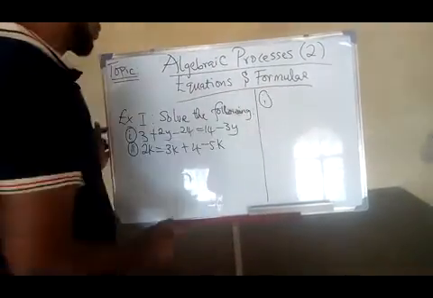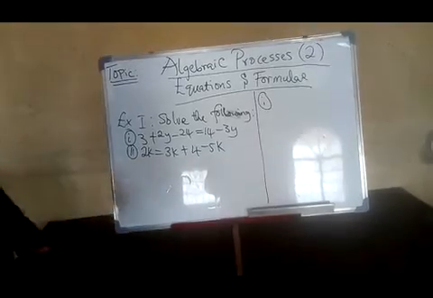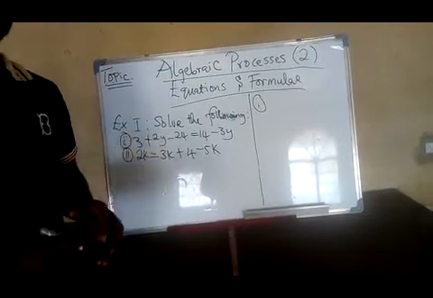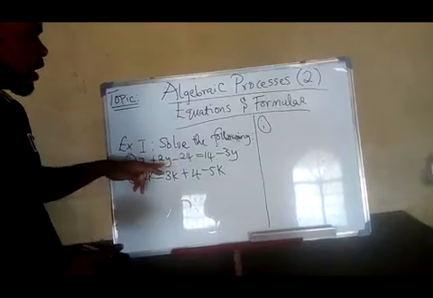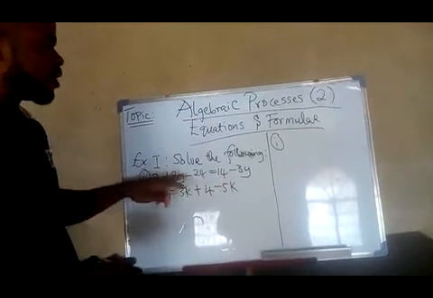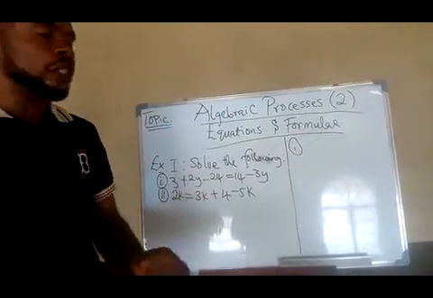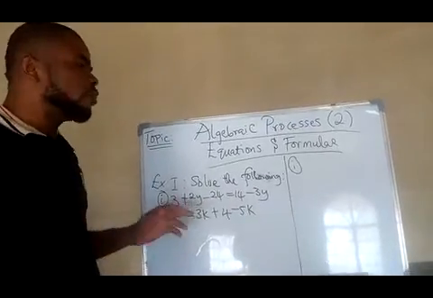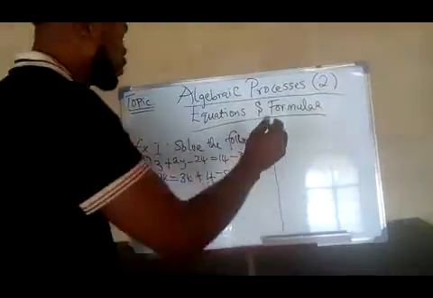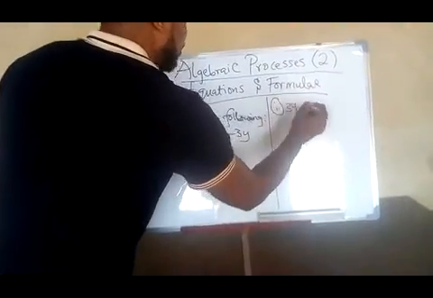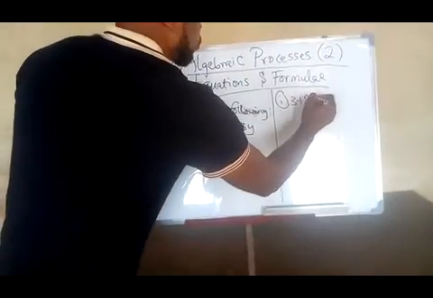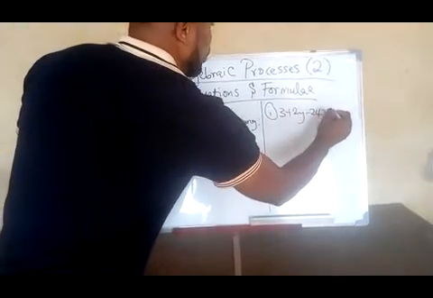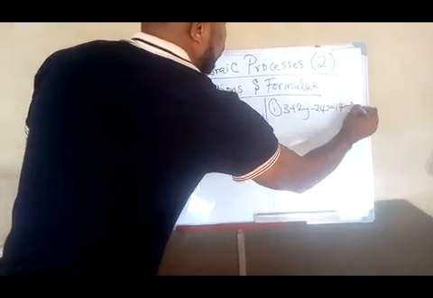Let us see the first one. What we'll do is to employ the technique of collecting like terms. What that means is that we're going to be grouping the terms that have similar variables to one side of the equation, while the other terms that do not have those variables will be grouped to the other side. So from the first equation we have 3 plus 2y minus 24 equals 14 minus 3y.